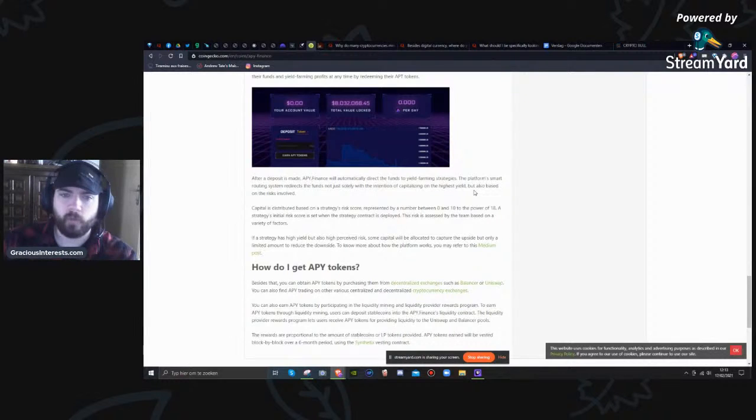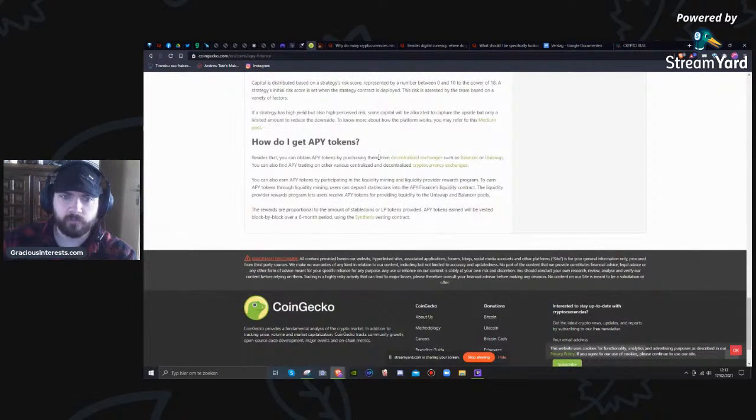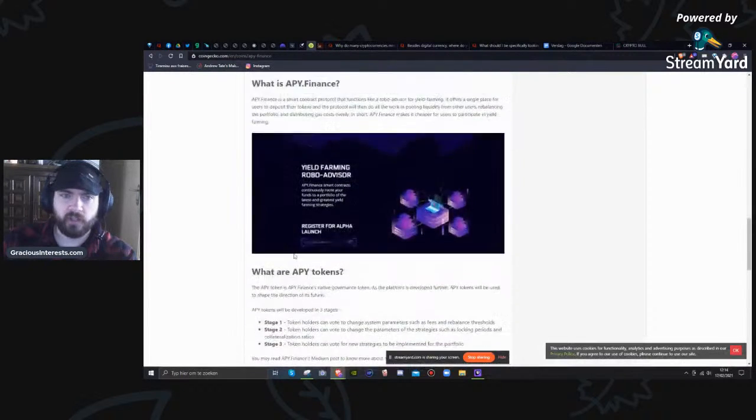It's some kind of bot doing the yield farming for you, which only accepts those 3 coins. It also specifies risk will be allocated to capture the upside, but only limited to reduce the downside. So yeah, it's about risk assessment. Decentralized exchanges like Balancer or Uniswap tend to be the places to be to get your API tokens.